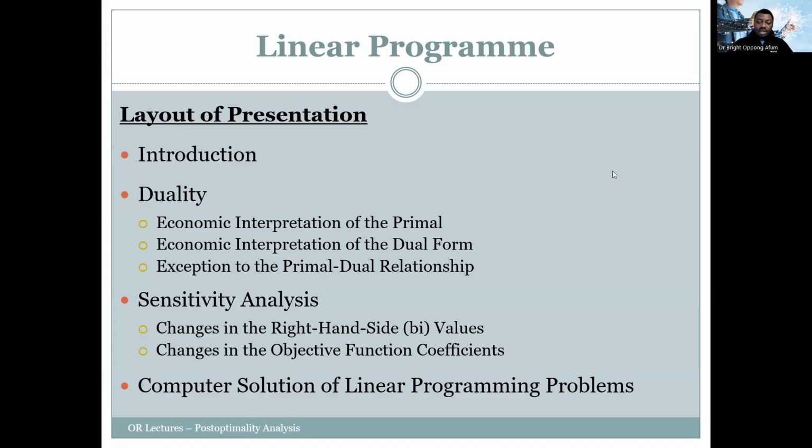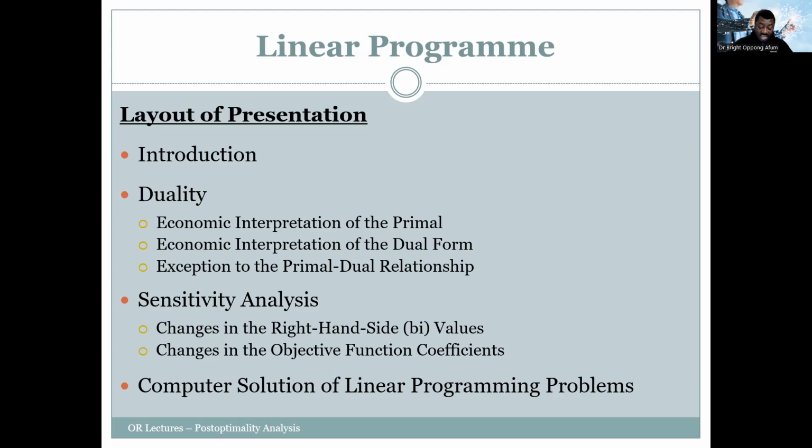Then we will look at what we call sensitivity analysis. That is, we conduct sensitivity analysis on the linear programming problem based on the established optimal solution or strategy that we've obtained.